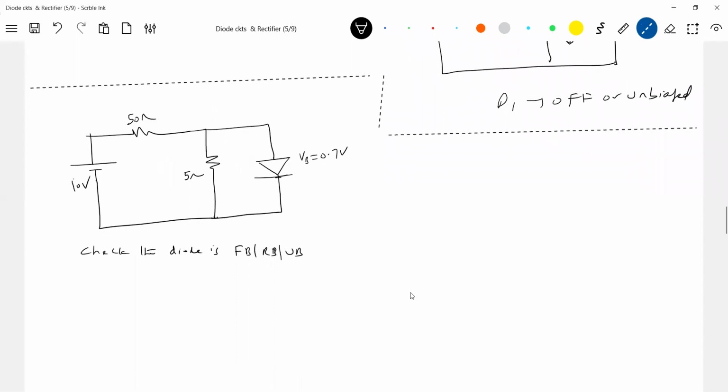I think a similar approach. Check whether the diode is forward bias, reverse bias, or unbiased. Again, the similar approach. Current high. Okay, get all these things.